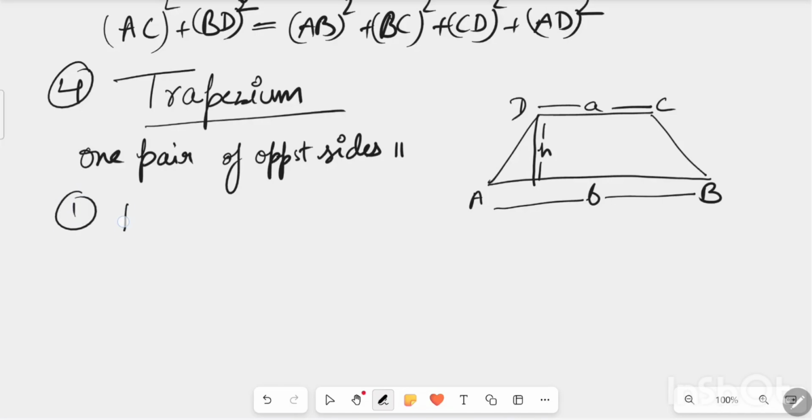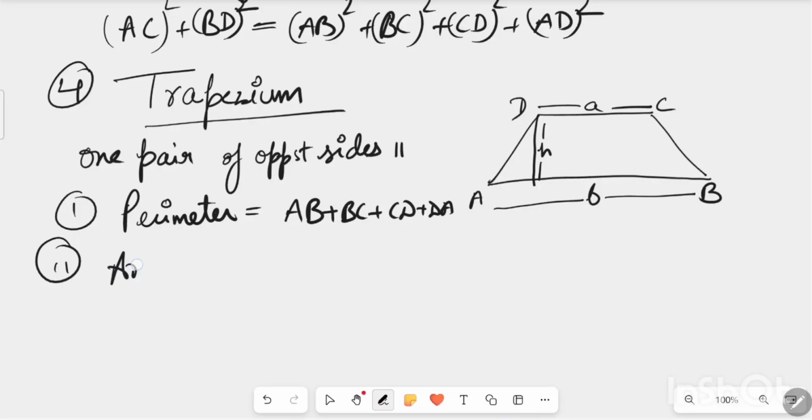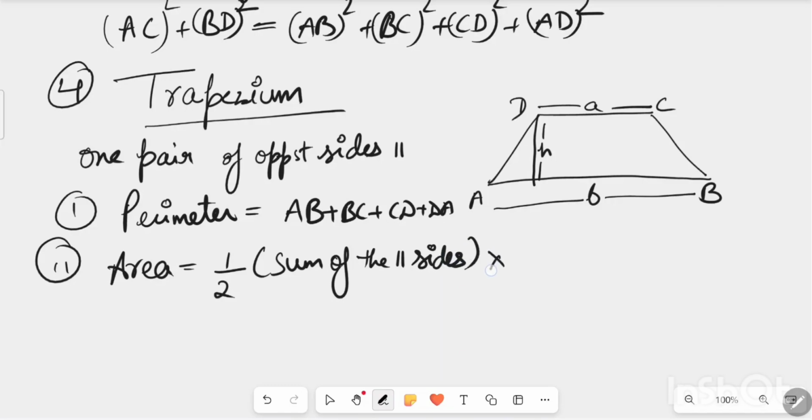So first is perimeter. Perimeter will be the sum of sides AB plus BC plus CD plus DA. Second is area. Area is half the sum of the parallel sides into height.